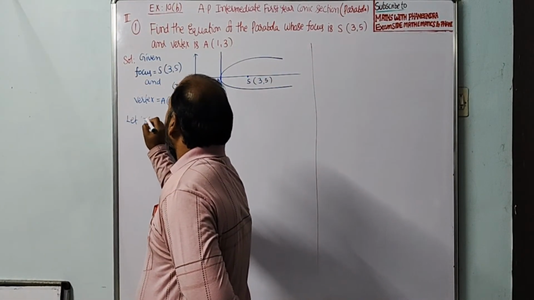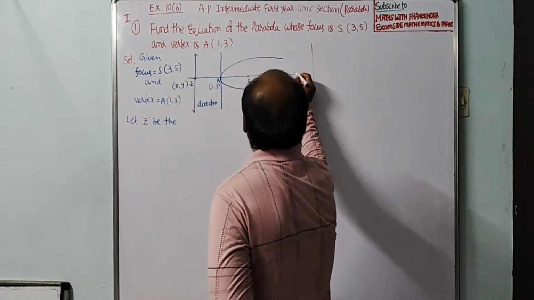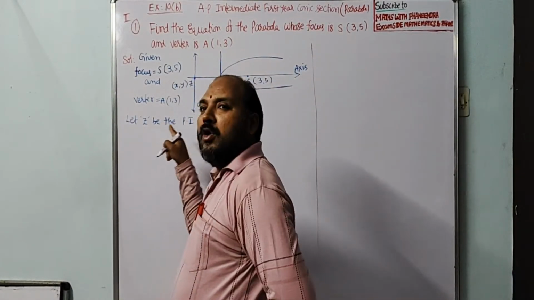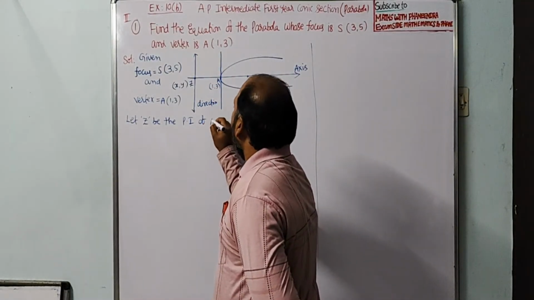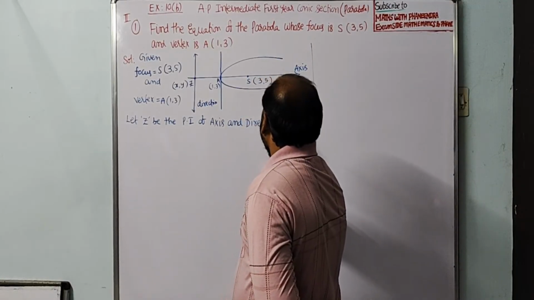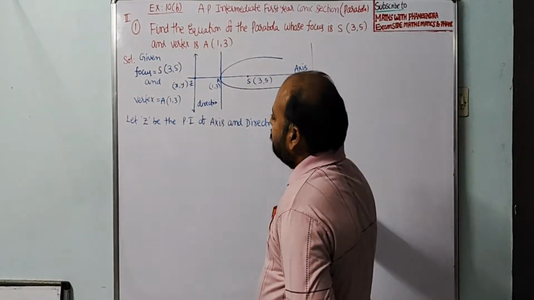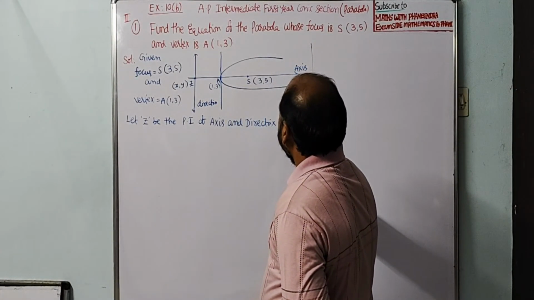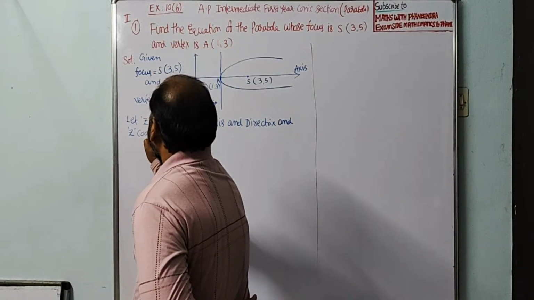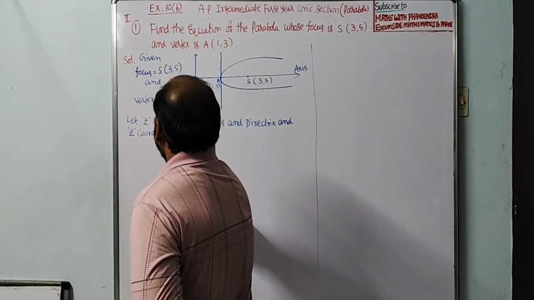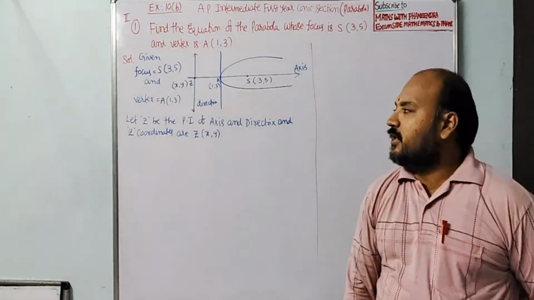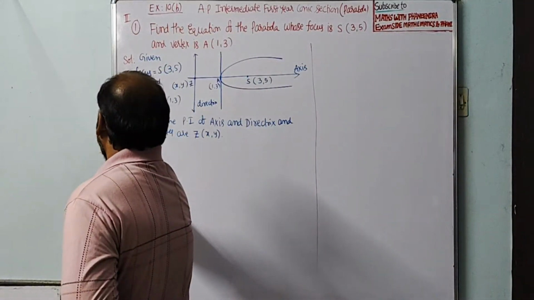Let Z be the point of intersection of the axis and directrix, and Z coordinates are Z(x, y). This is the information I provided.